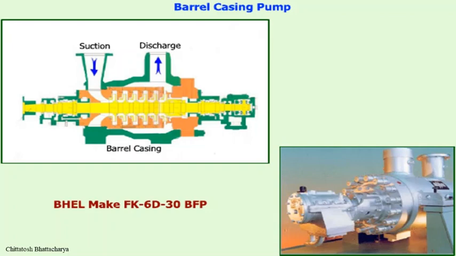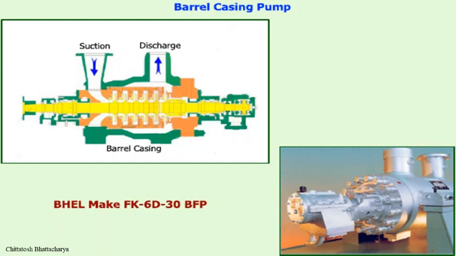These barrels are split across the horizontal section and they are clamped together, bolted together. So this is called barrel casing. Mostly in HP heaters, high pressure HP boiler feed pumps and high pressure pumps, we use it.